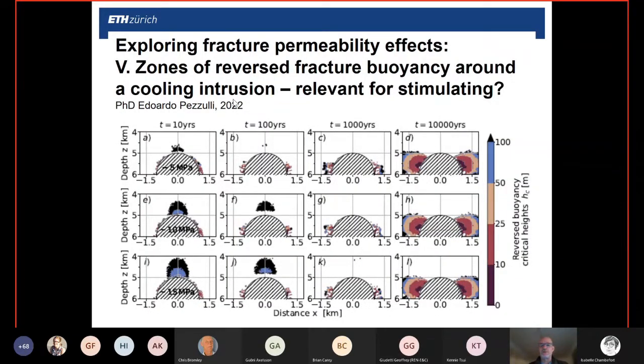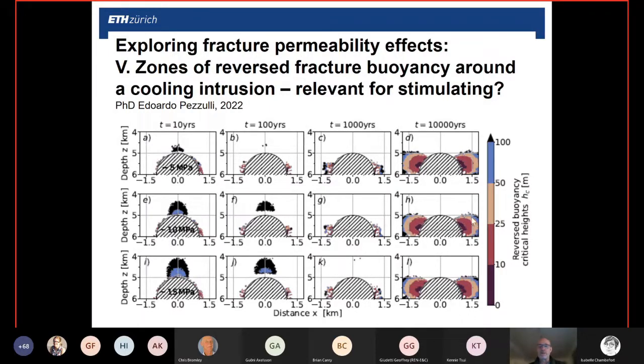What is also interesting from this work, after having understood all this with these buoyant fractures, so they were rising in the beginning, is here an intrusion at some depth that is cooling and heating the rock surrounding it. The interesting finding is that there are also areas where you have reversed buoyancy. So fractures want to go down, and that's highlighted here in the color coding.